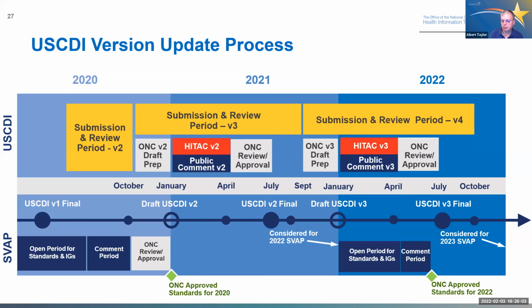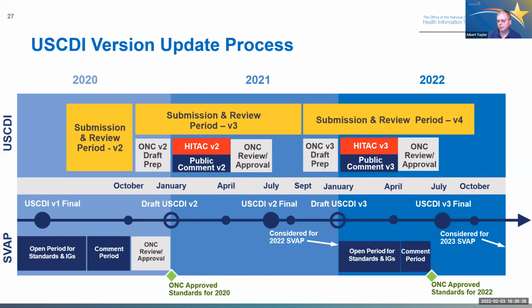There's a lag between when it's on the list and when it becomes available. But once it's available, we hope health IT developers voluntarily update their systems and provide those version 2 updates to their customers.